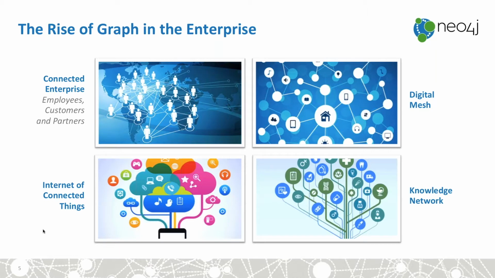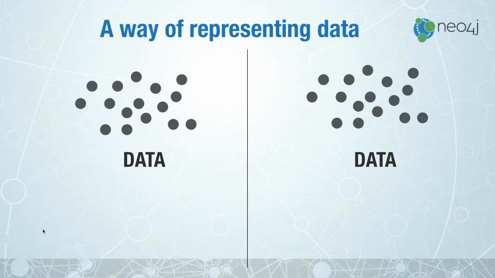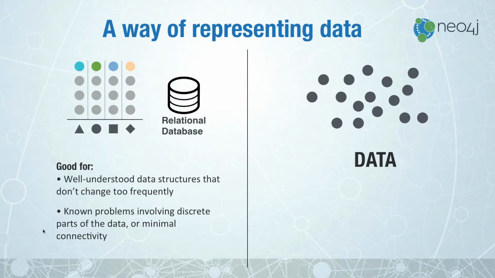You may ask yourself, how does this graph database thing now compare with traditional relational technologies? There are different approaches of representing data. Relational databases have been established and they are good for well understood data structures that do not change too frequently.